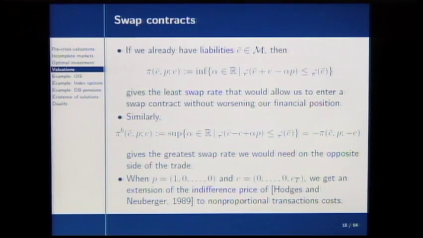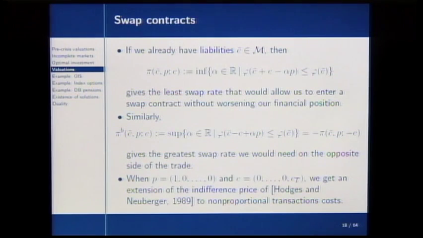That would add to his liabilities, and in exchange he would get some constant multiple alpha of some premium sequence P. And now the question is what would be this alpha, the swap rate, so that the agent would be indifferent between entering the contract or not. So that's what this inequality means.